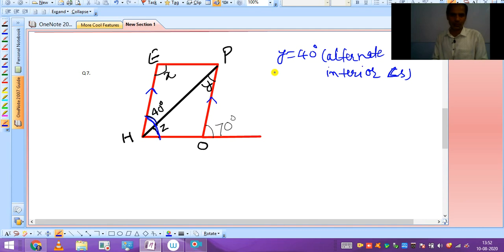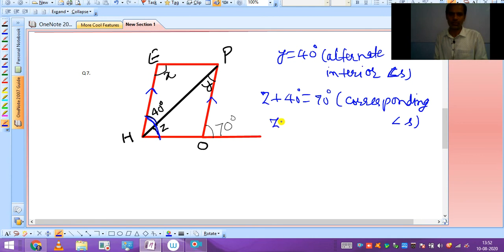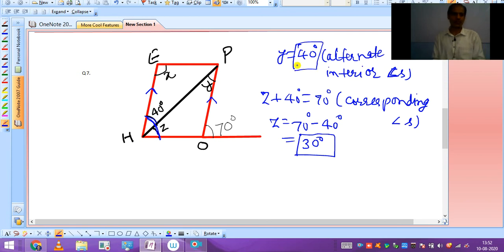So we have to give the reason also, and we can write z plus 40 degree equals 70 degree. It is the property of corresponding angles. So easily z can be found, 70 degree minus 40 degree, that is equal to 30 degree. So this is the value of z, and this is the value of y.